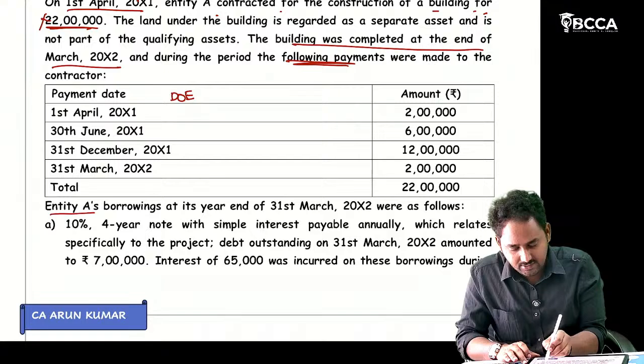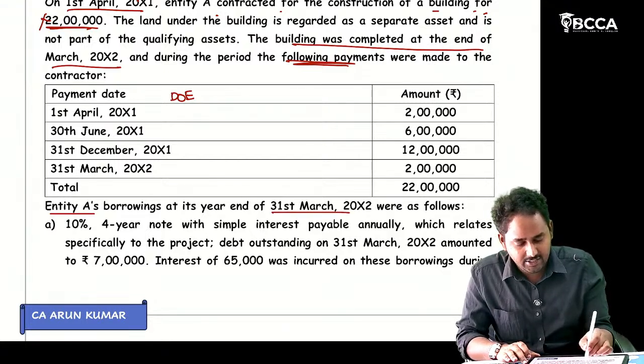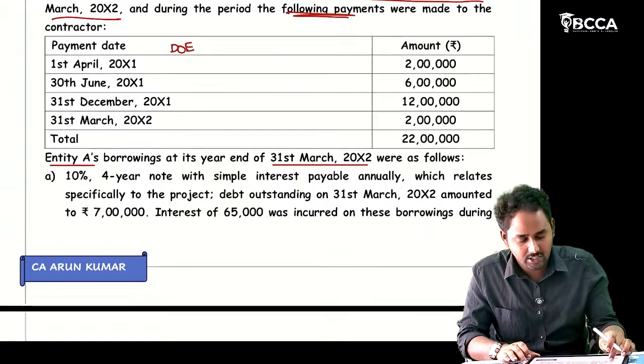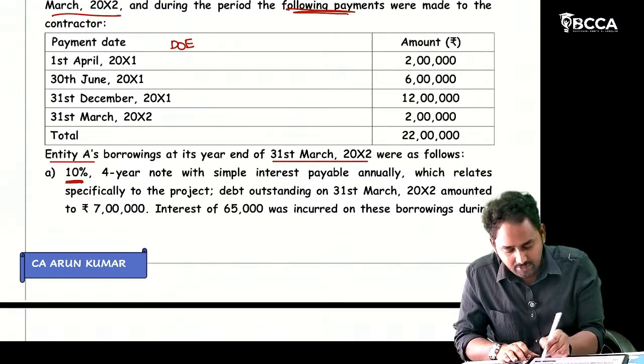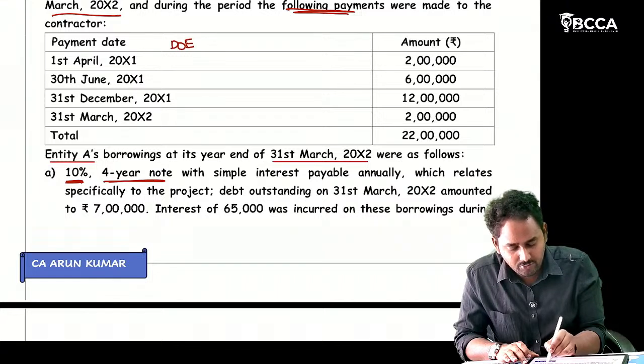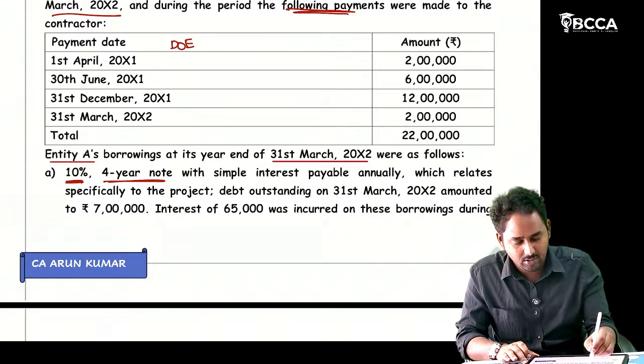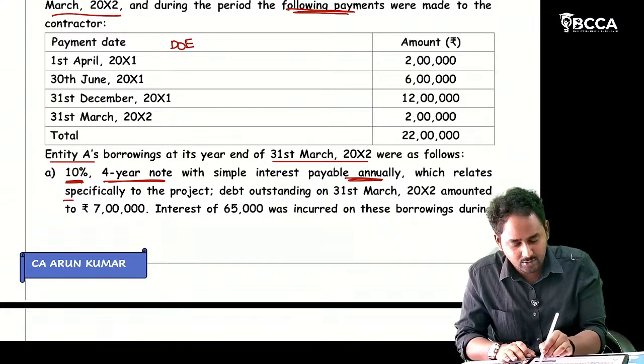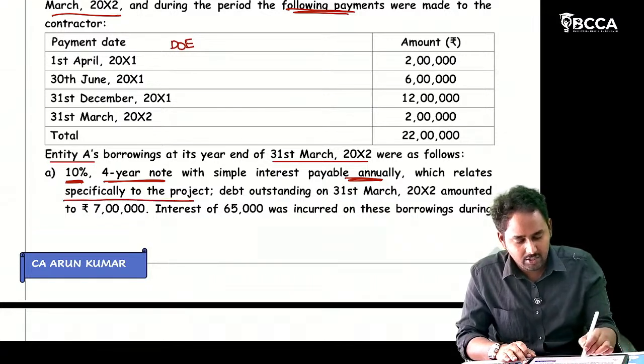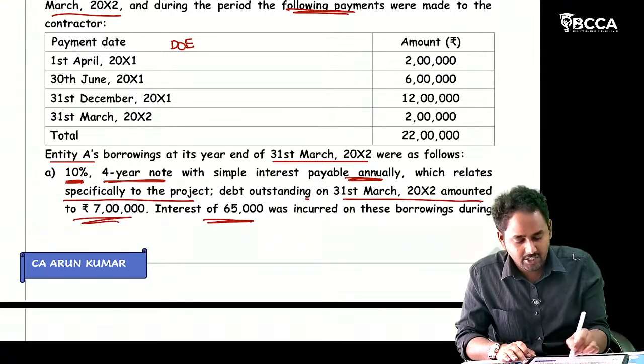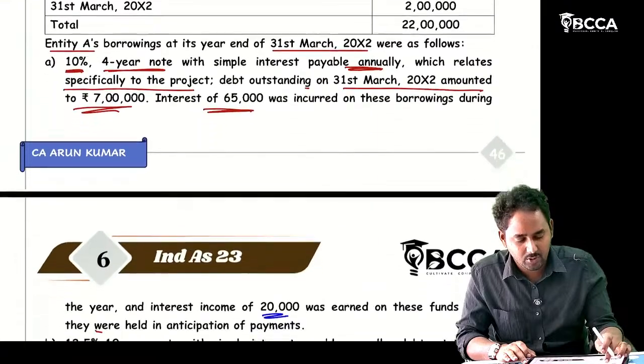Then the entity's borrowing rate. The entity's borrowings at the year end, 31st March 2002, were as follows: a 10% 4-year note with simple interest payable annually, which relates specifically to the project. And debt outstanding on 31st March 2001 amounted to 7 lakh rupees, and interest of 60,000 was incurred on these borrowings.